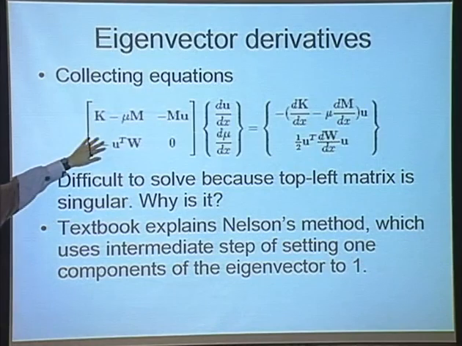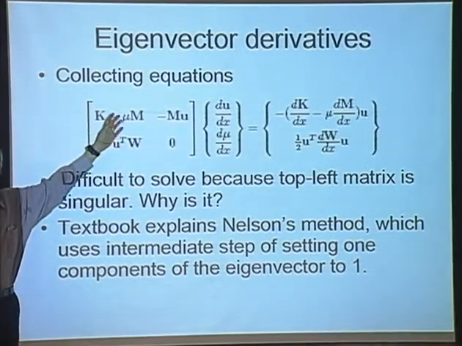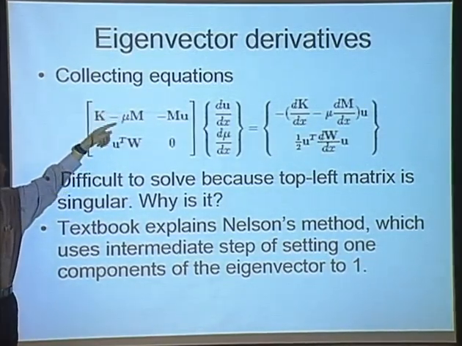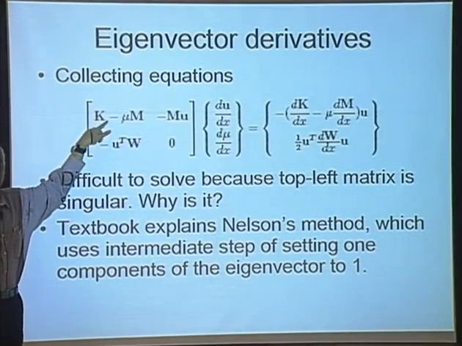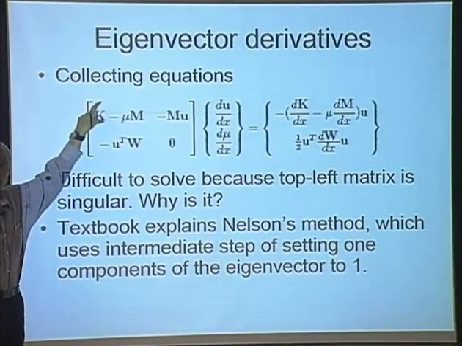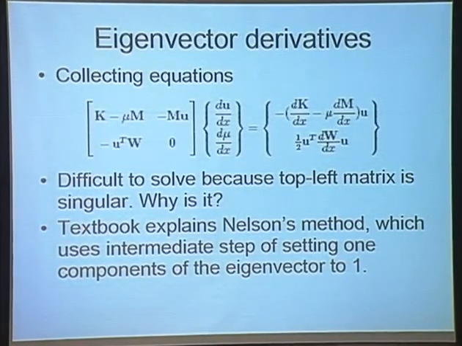Instead of solving n plus 1 equations for n plus 1 unknowns, we use only the top part. But in that top part, we can eliminate one variable and one row, thereby making this singular system not singular.